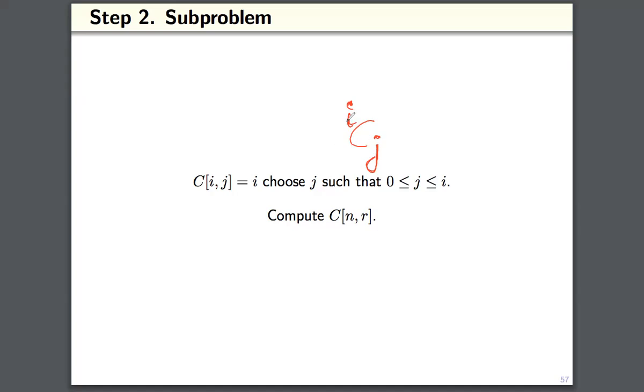If j is greater than i, we consider that as 0. But in this subproblem, we don't even consider it. Mathematically, i choose j for j greater than i is considered as 0. We are interested in computing n choose r. So the idea is simple.